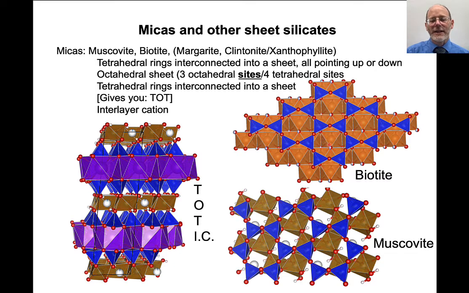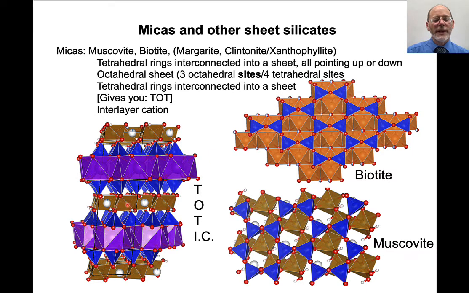Biotite is a trioctahedral mica, has 3 different octahedra all occupied, versus dioctahedral sheet silicates. Muscovite is a dioctahedral mica because only 2 of these 3 octahedra are occupied. So this gives us the TOT structure and a distinction between dioctahedral sheet silicates and trioctahedral sheet silicates.